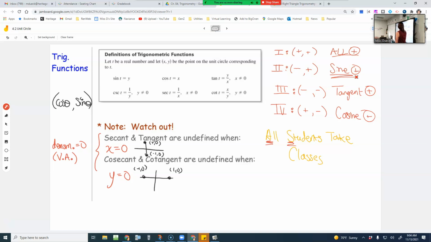Cotangent is the co-function of tangent. Cosine's co-function is secant. Sine's co-function is cosecant. Anyway, only one co per pair. Sine and cosecant. All students take. What does that stand for? Tangent and his reciprocal cotangent. And then classes, cosine and his reciprocal. There's already a co, so he must be the secant. Anyway, that's just a reminder as to who's positive, who's negative.